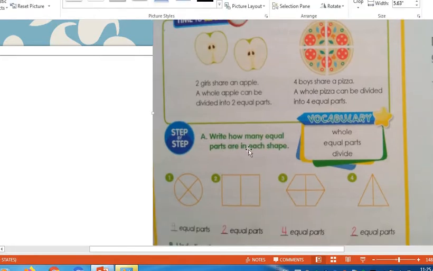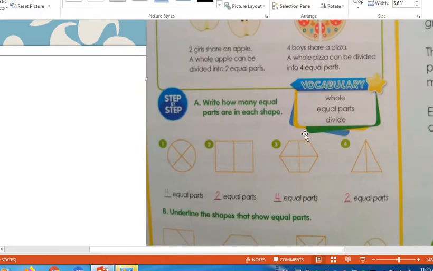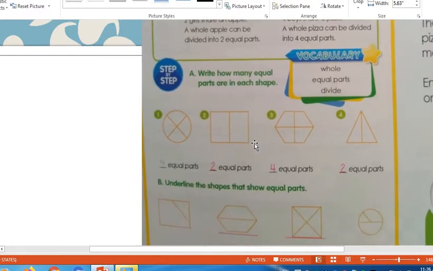Okay, write how many equal parts are in each shape. It's very easy now. 1, 2, 3 and 4. So this circle is divided into 4 parts. And if we here imagine it's a pizza, so the pizza here is divided into 4 equal parts. Each one of me and my brothers and sisters, if we are 4 children, each one will take 1/4 of the pizza here.